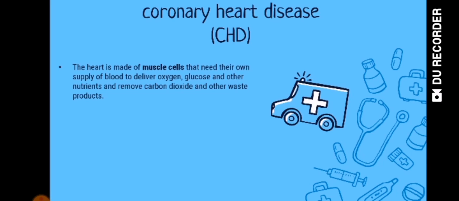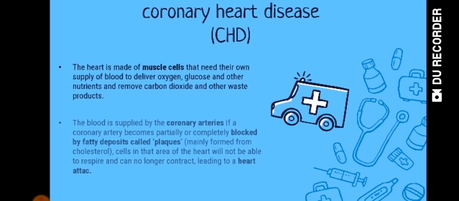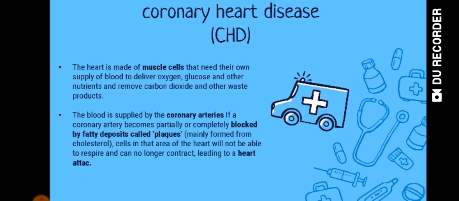So, how does the blood reach the heart muscles? By the coronary arteries, and the coronary veins carry blood back to the heart chambers. The blood is supplied by the coronary arteries.